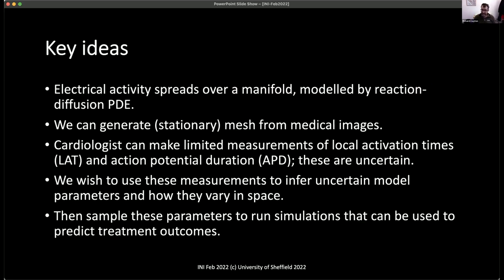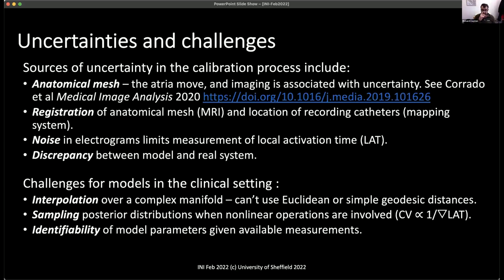The cardiologist can make limited measurements in a patient, and what we want to do is to use these measurements to infer uncertain model parameters and how they vary. Then we want to be able to sample these parameter fields and run simulations that we can use to predict treatment outcomes.